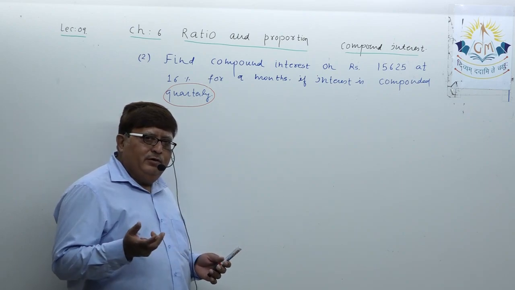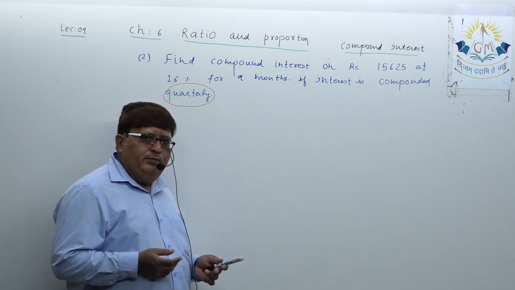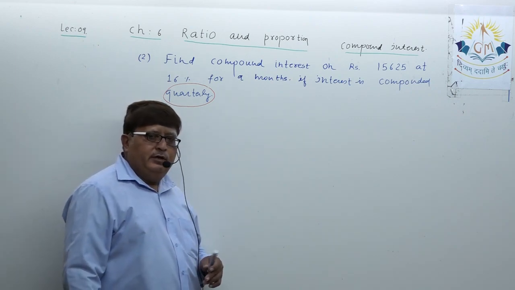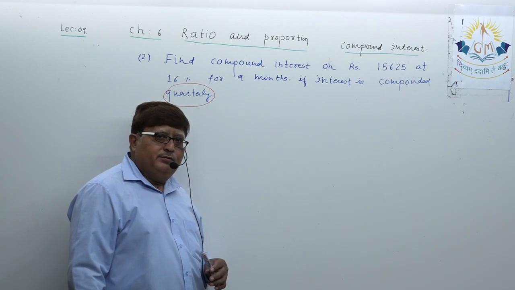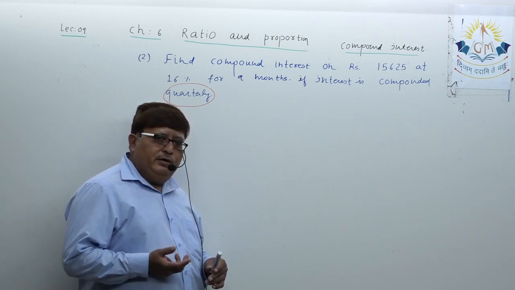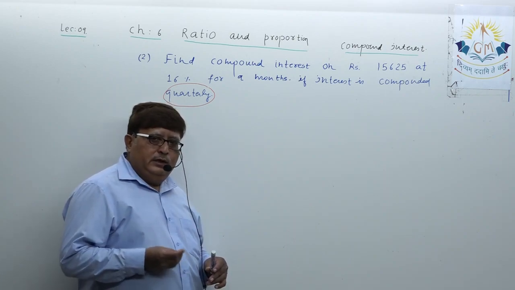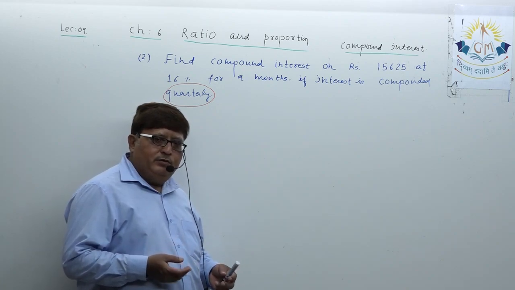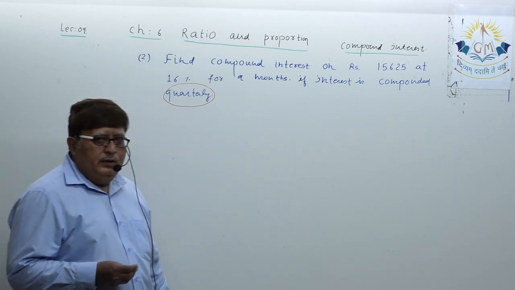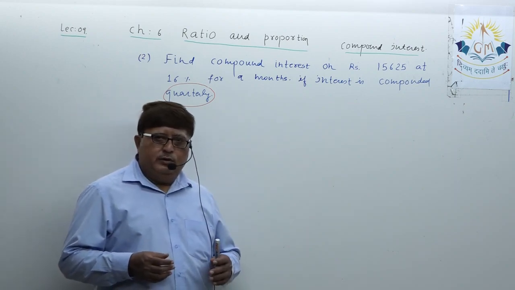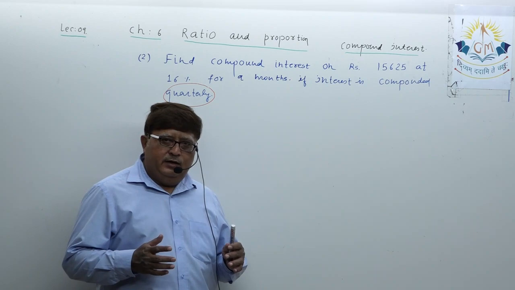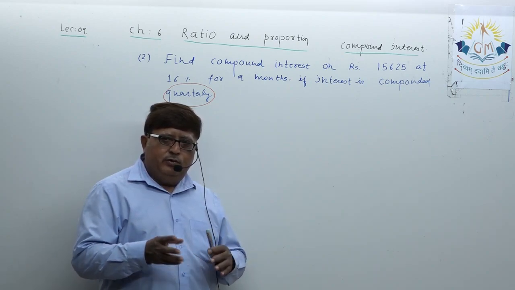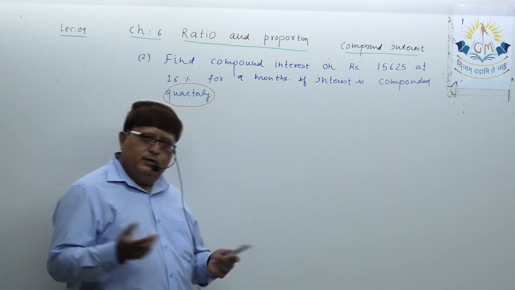They may mention, to make you more confused, for the period of 3/4 of the year. Ultimately, dear student, when you speak 3/4 of the year, ultimately 9 months, so this way you can be made confused by just a minor modification of the words.